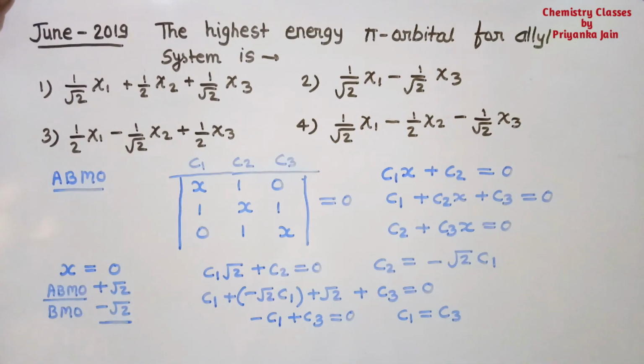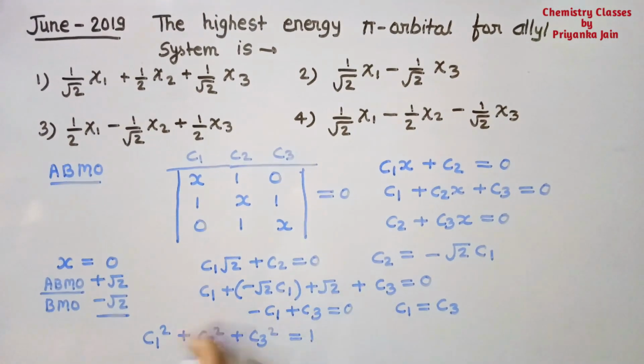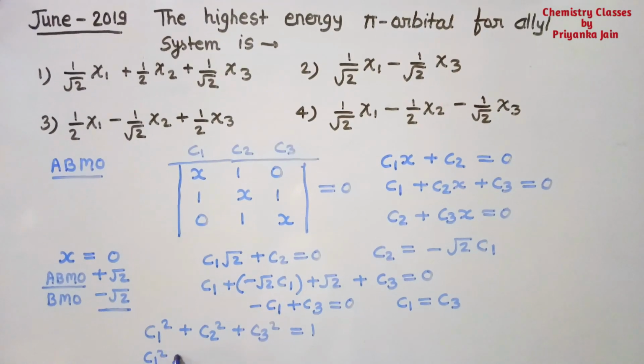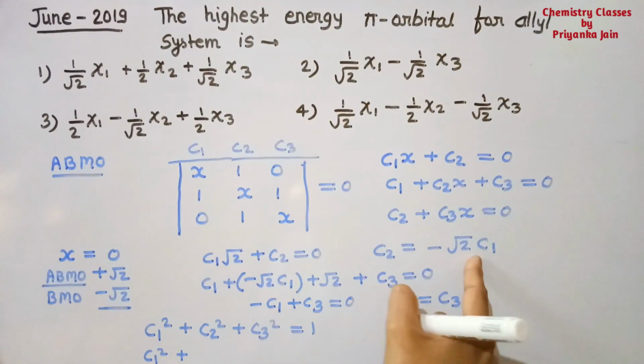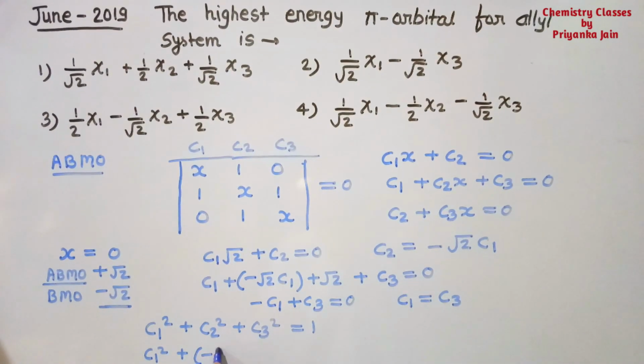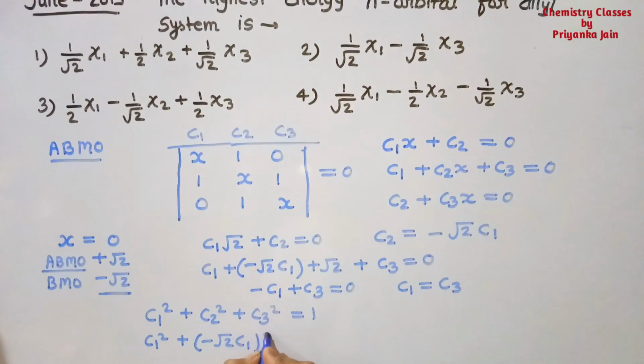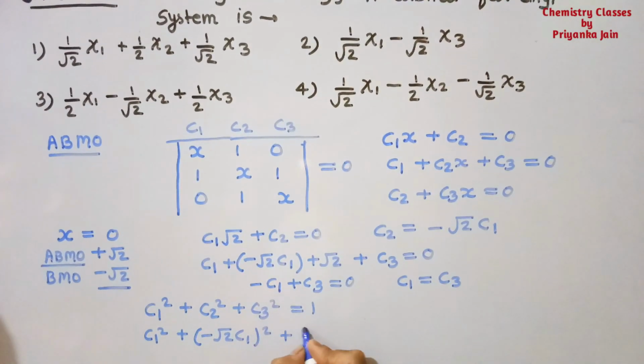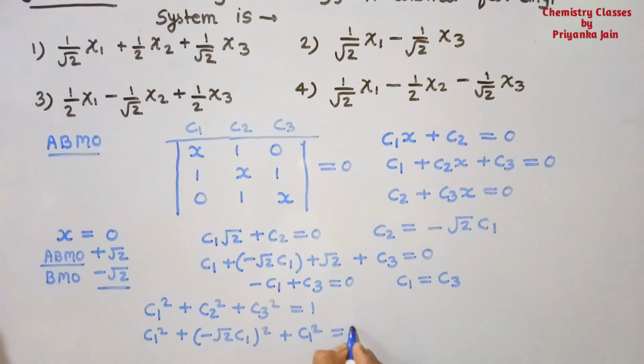Now what we have to do here is apply the normalization condition. We know that C1 square plus C2 square plus C3 square is equal to 1. So now we have to put everything in terms of C1. So this will be C1 square plus minus root 2 C1 square plus C1 square is equal to 1.